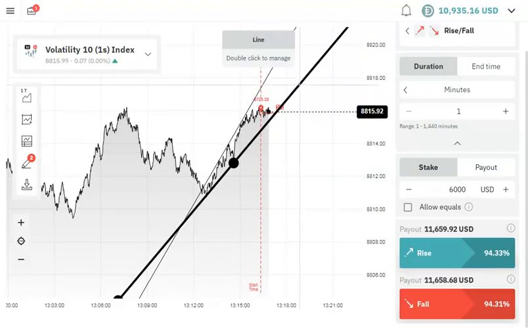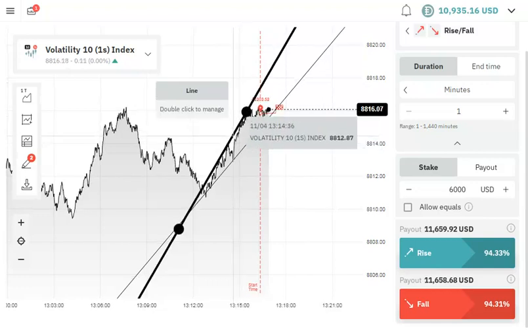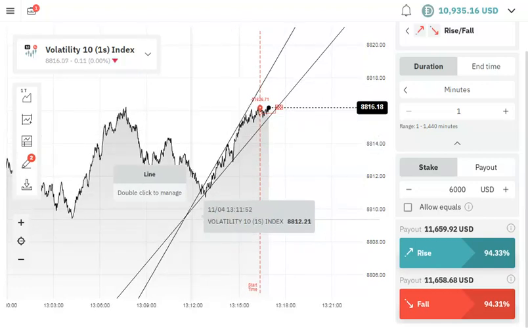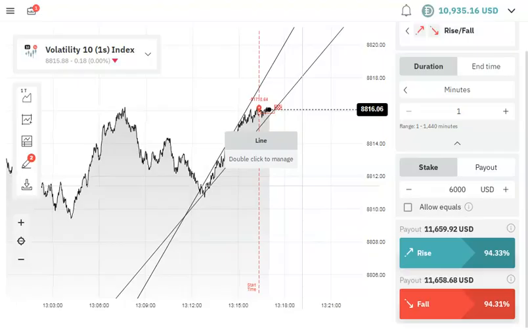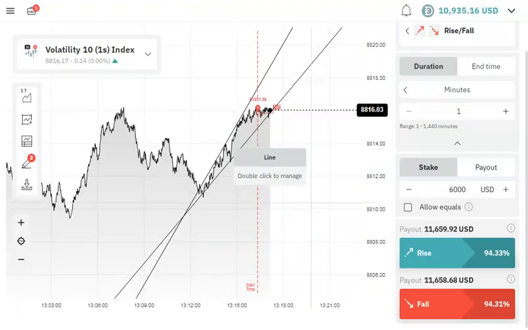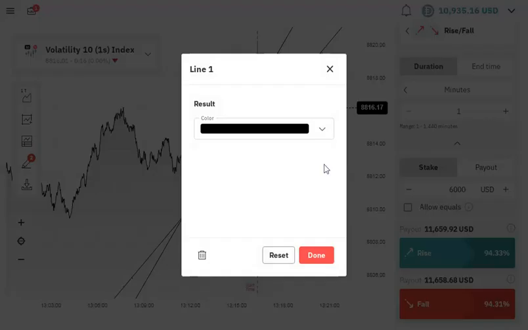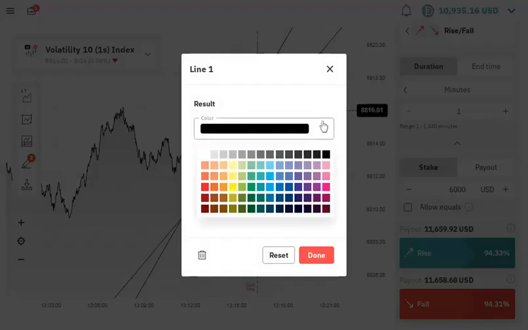Imagine after risking 6k USD, we lose. If we lose, fine. But the main reason for this channel is to teach you how to be consistently profitable in this market. Because I already set out a line for support and resistance, I'm going to wait for the market to tell me what to do.